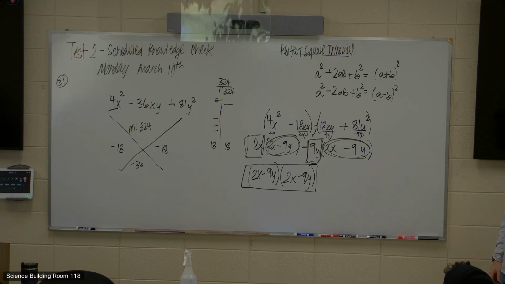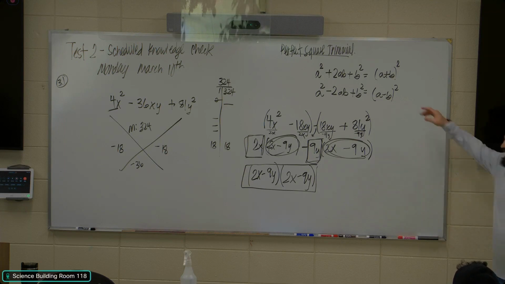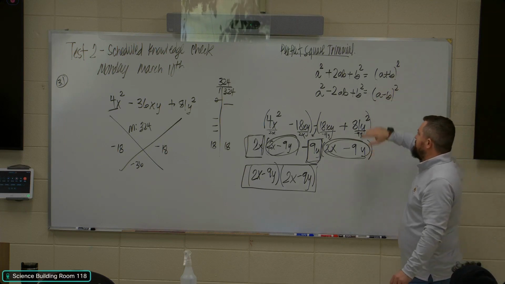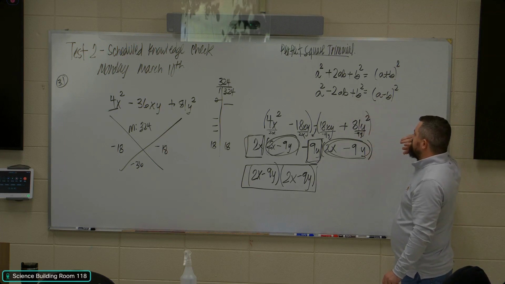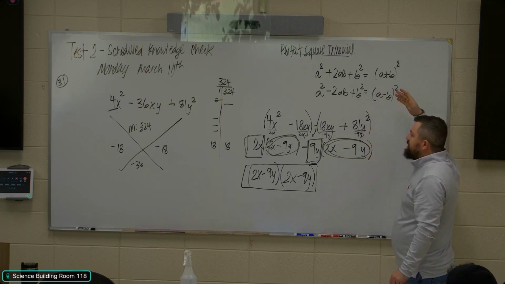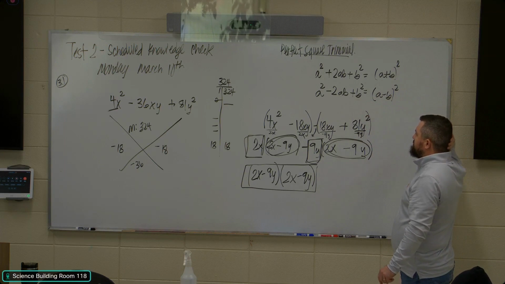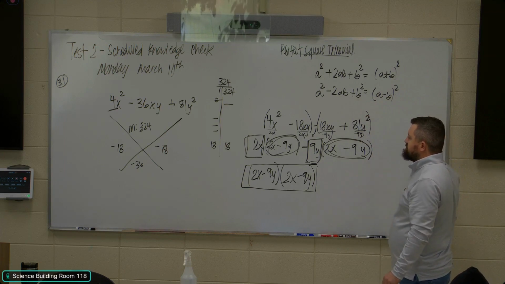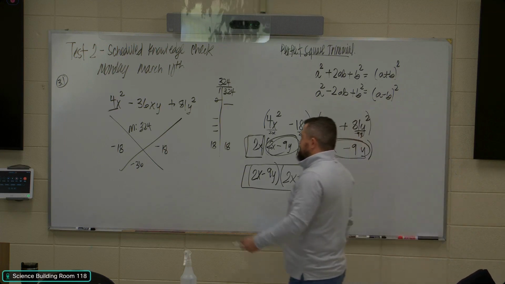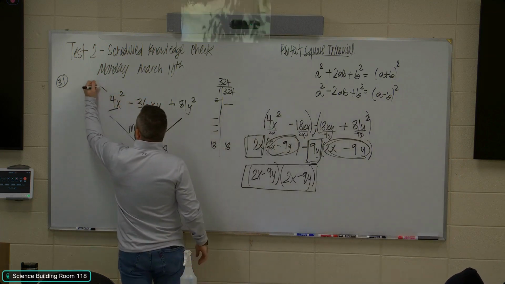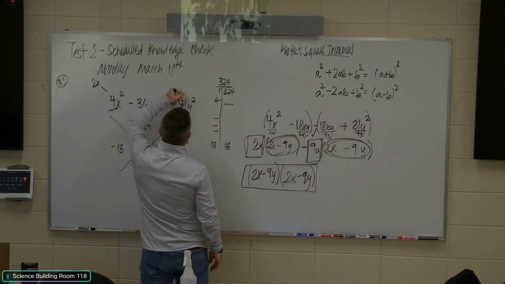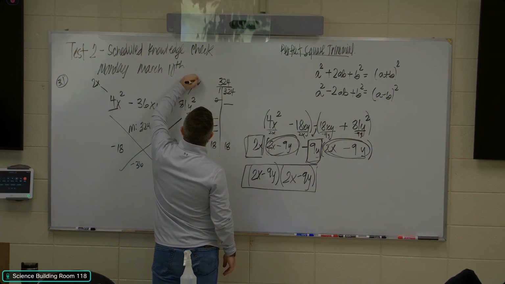Now, I guess someone came up with these formulas because you could have just said, the square root of 4x squared is 2x. The square root of 81y squared is 9y.